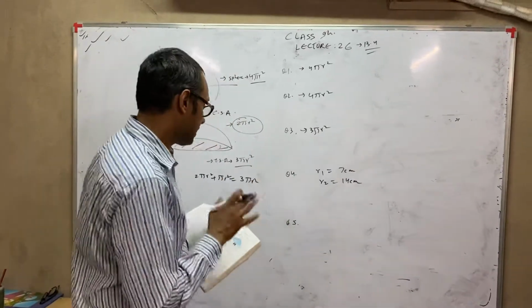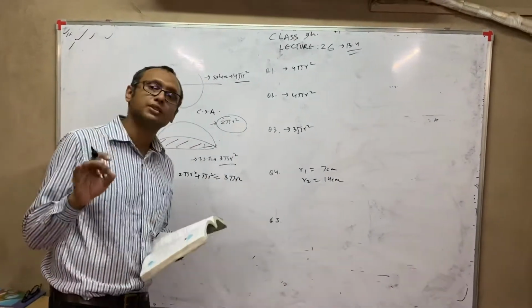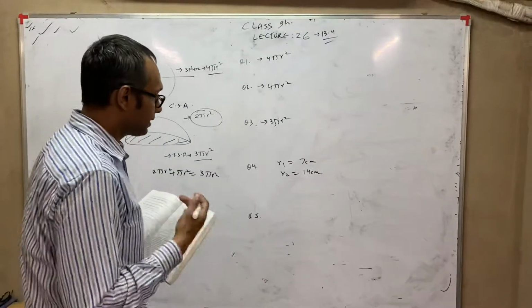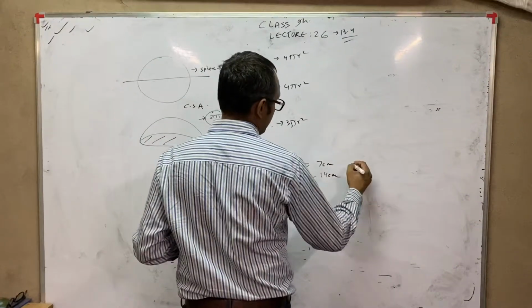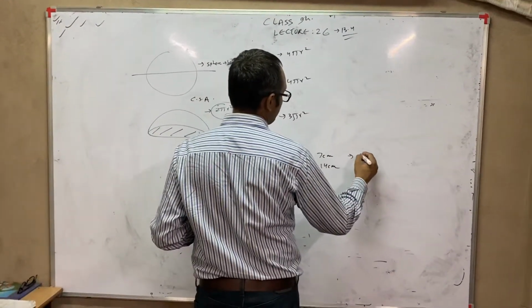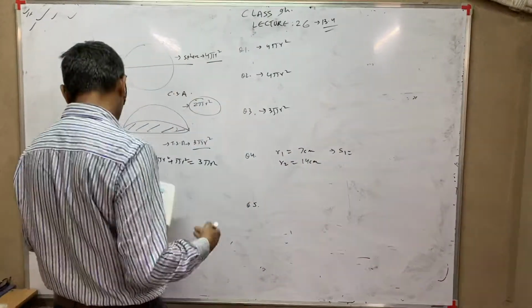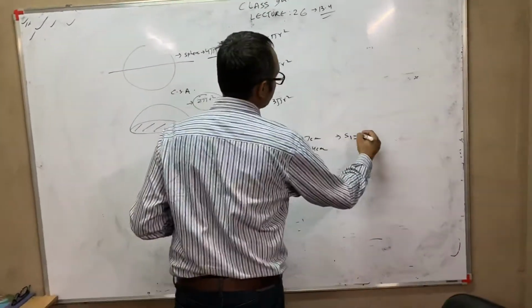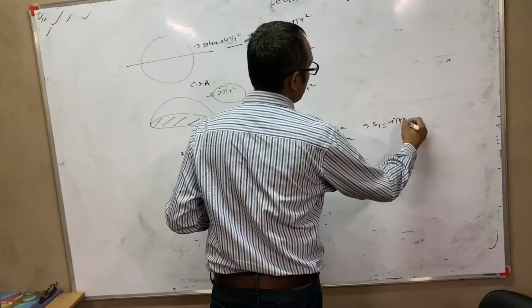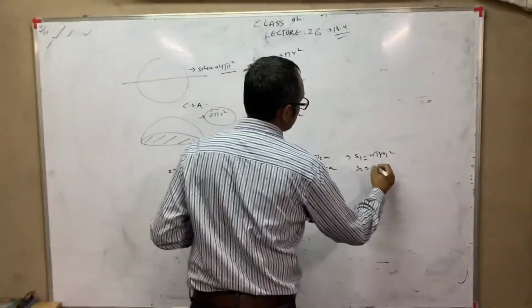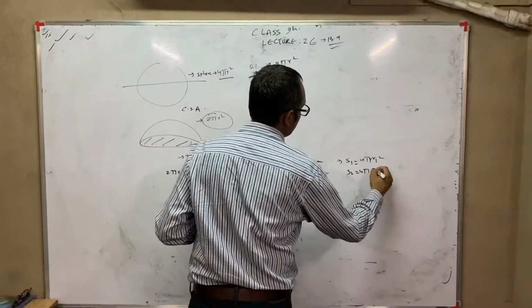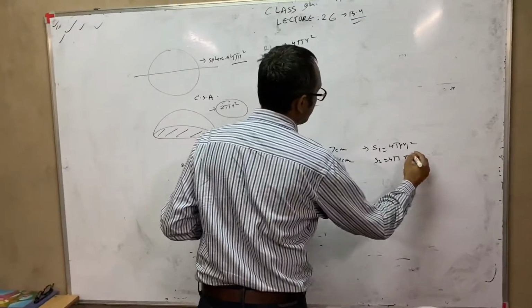So whenever this type of question comes to find the ratio of the surface area, some kids make the mistake of calculating everything. For example, they will calculate surface area S1, which is spherical, so you will calculate 4 pi R1 square, and S2, 4 pi R2 square, and then you compare them.